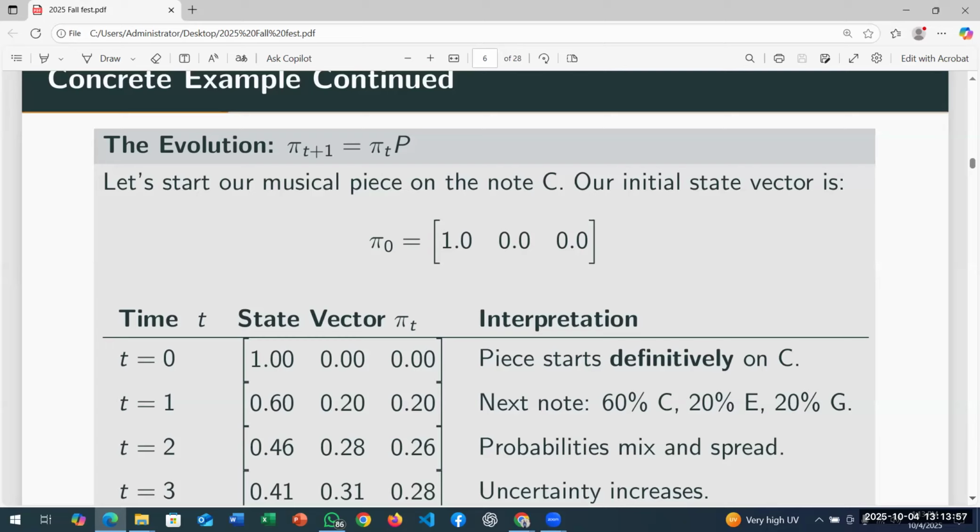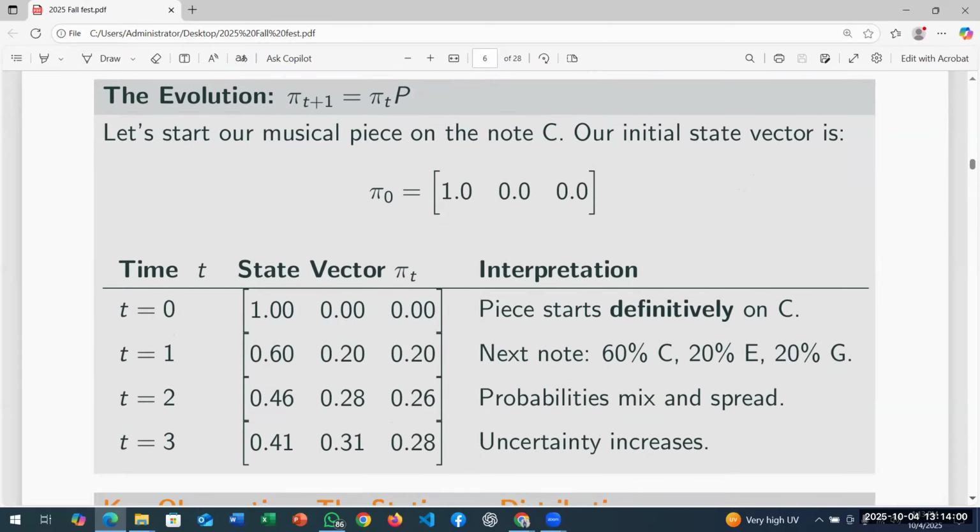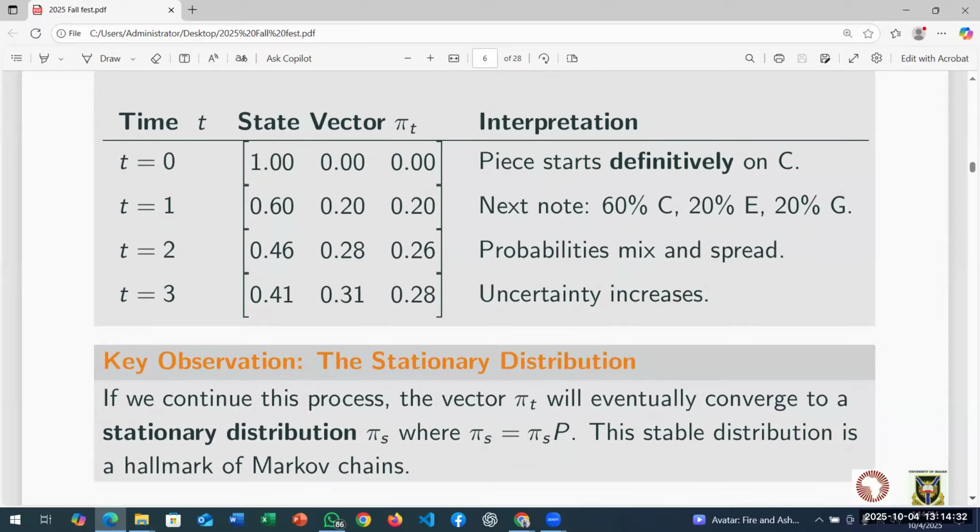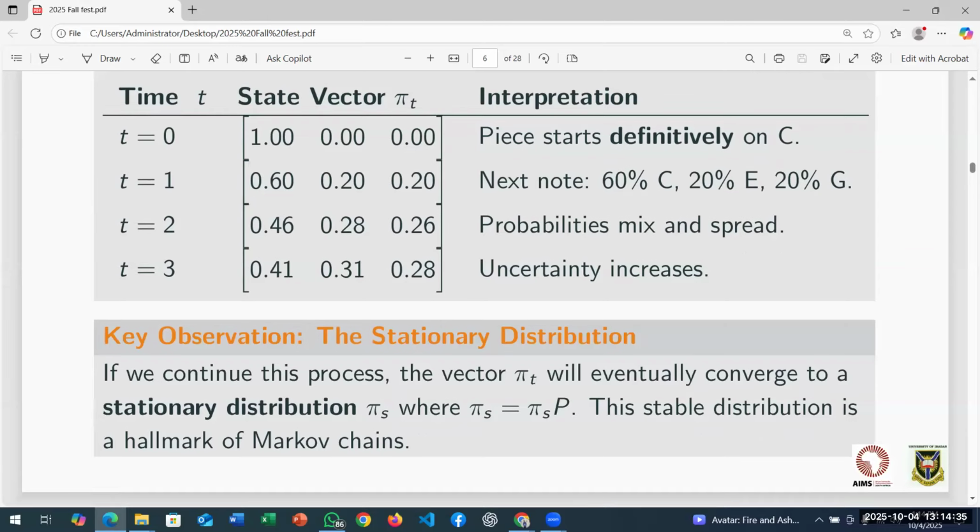So this is just like different examples of state evolution. So at t equals 1, let's say we have this. If you multiply it with the transition matrix that we have from the musical graph, that will generate the next state.